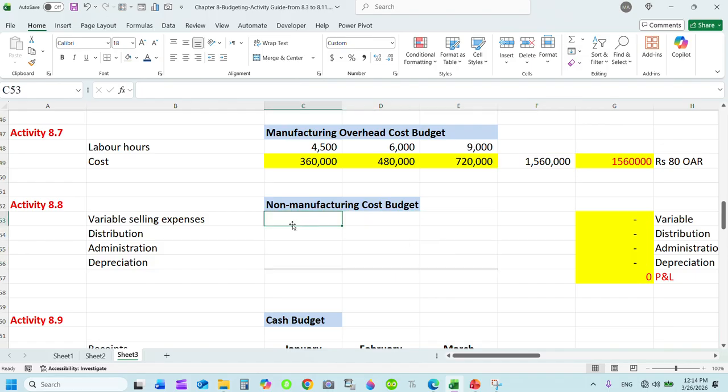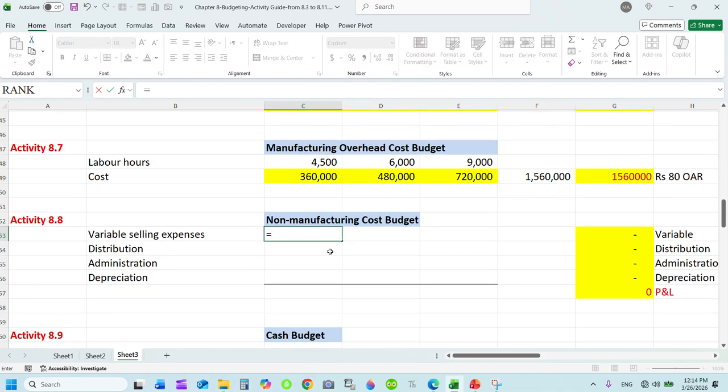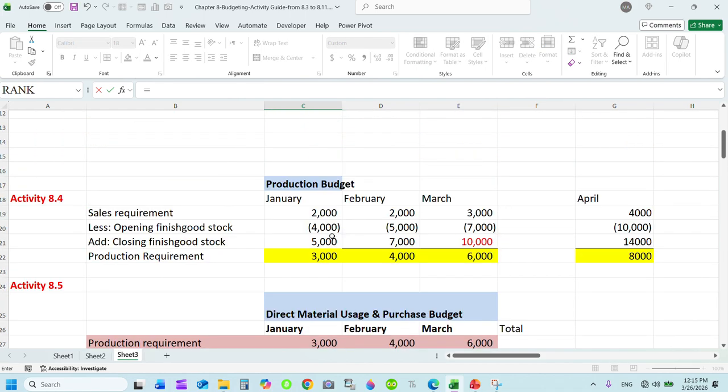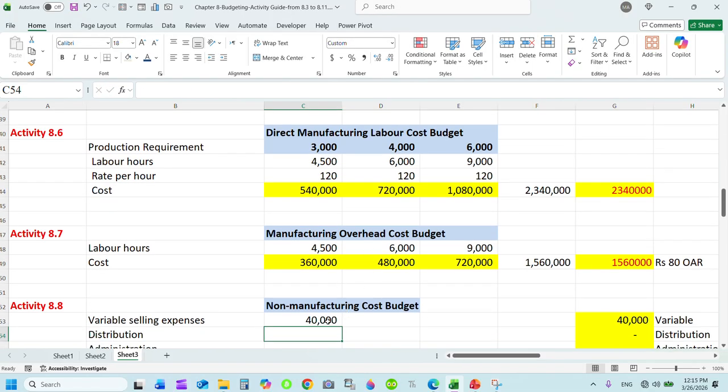How many units do we sell? We sell this many units times 20 rupee. So accordingly 40,000.